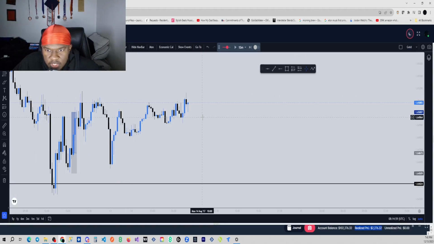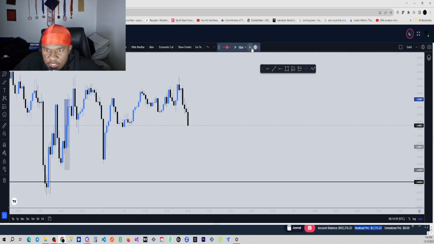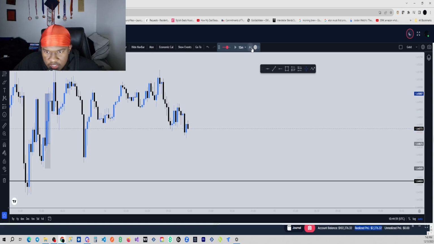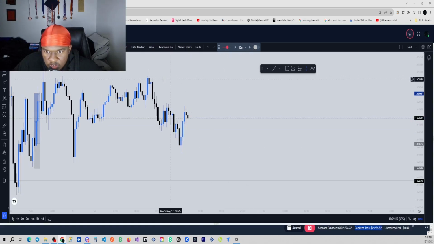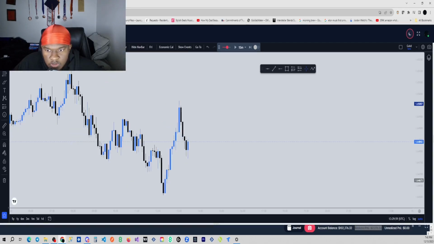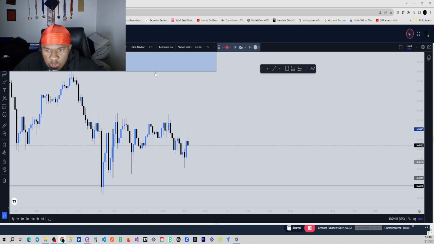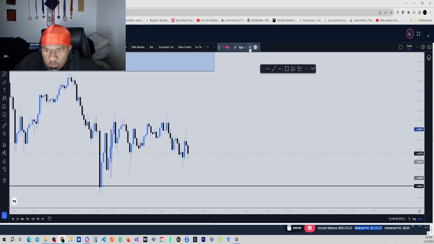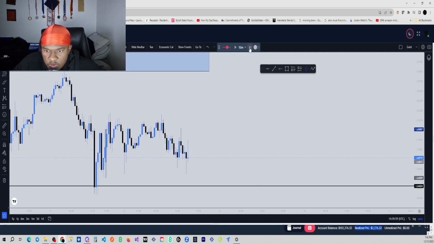This one's too high. I don't want to take it. It's a beautiful setup, but it's too high. And exactly, good thing I didn't take it. All right, let's see what price wants to do.